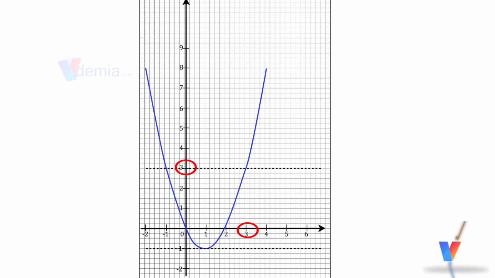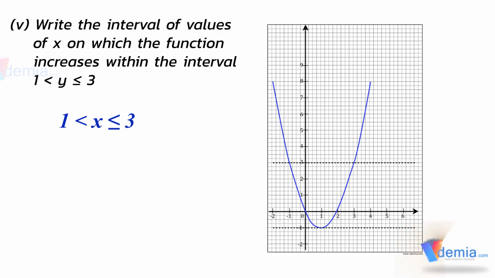So the interval of x is x greater than 1 and less than or equal to 3. Since there is an equal sign for the 3, there will be an equal sign for the 3 here as well. So the answer is x greater than 1 and less than or equal to 3.